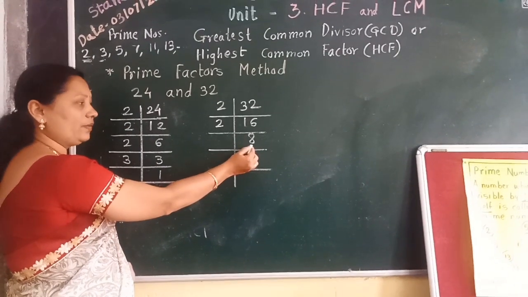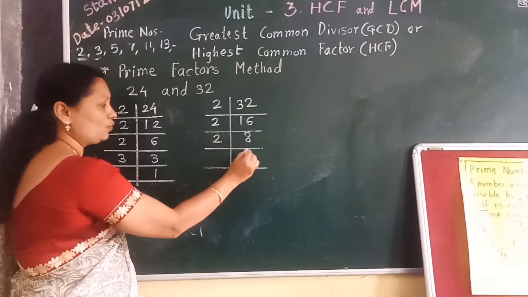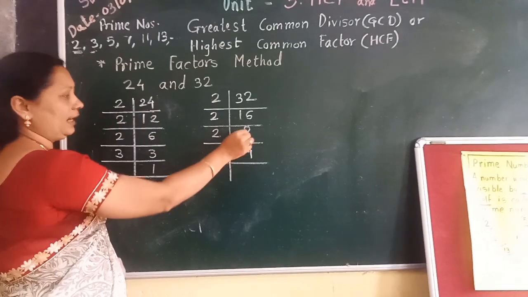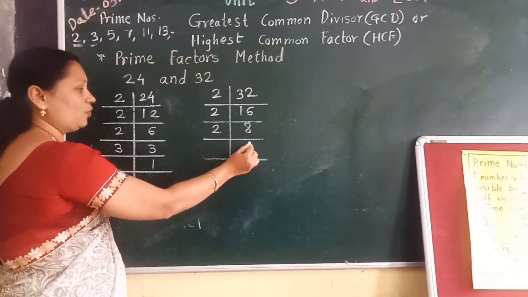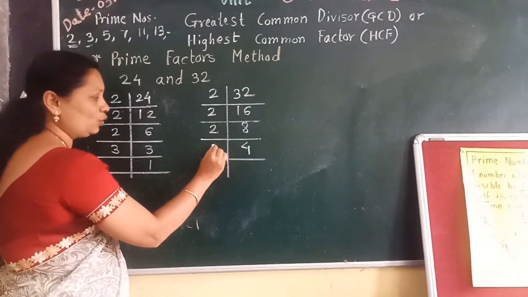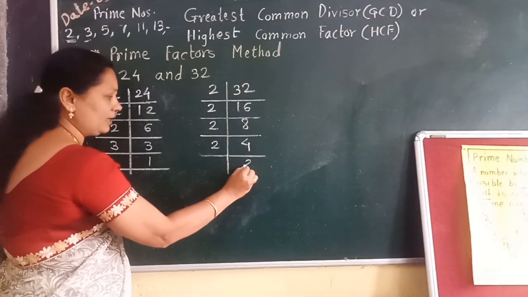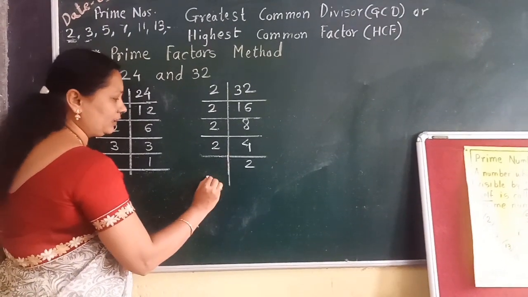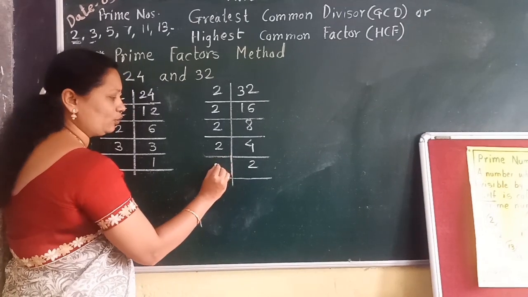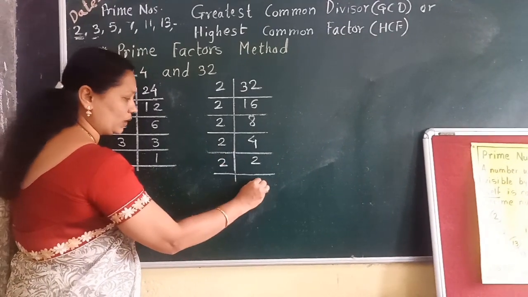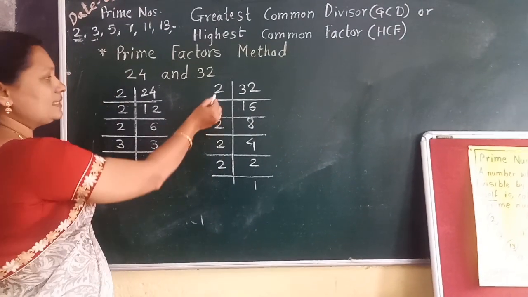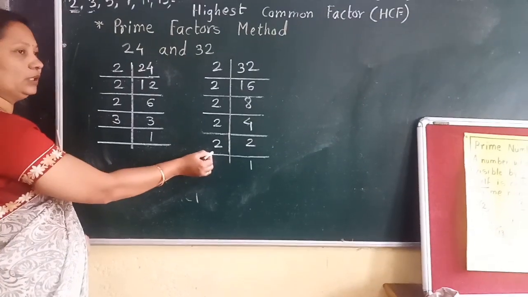Now 8 is also an even number. 2 4s are 8. Now 4 is also divisible by 2. 2 2s are 4, and 2 is divisible by 2. 2 1s are 2. These are the factors of 32.